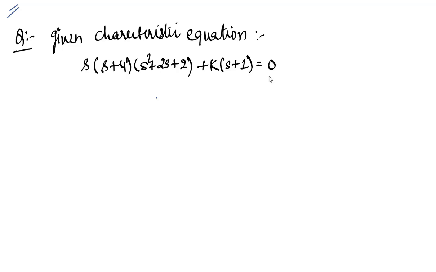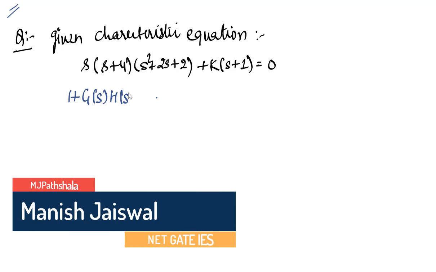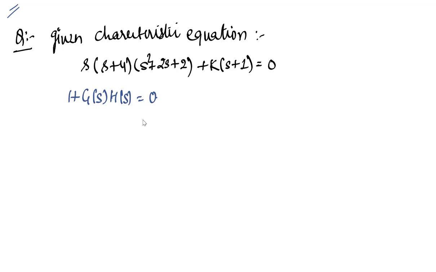So because this is a characteristic equation, we can compare this with 1 plus G(s)H(s) is equal to 0, right? So we have to make the above equation in the given standard form, right?